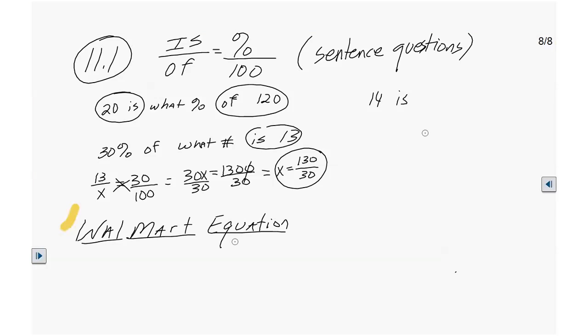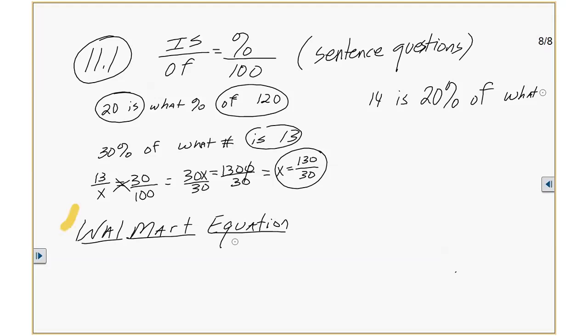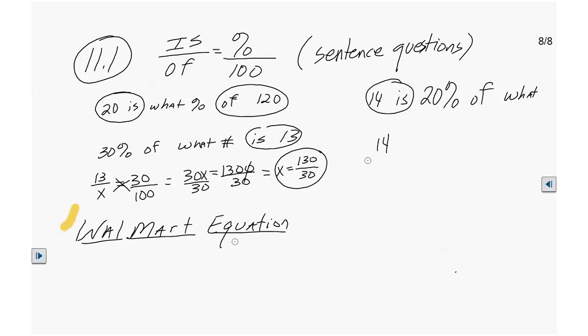Let's go with 20%. 14 is 20% of what number? 14 goes in the is spot.